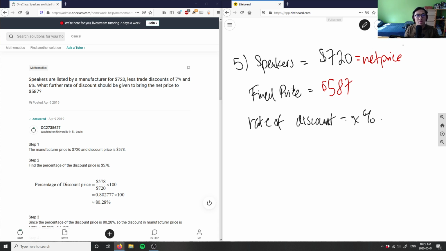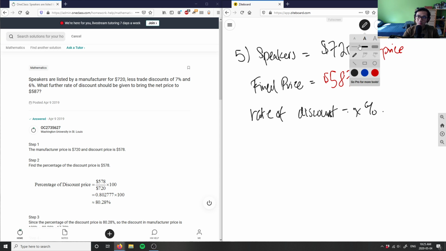Okay, so in order for us to do that, we have the final price, and we have the initial price as well. What we can do is simply divide both these numbers to figure out what percentage the final price is of the initial price.